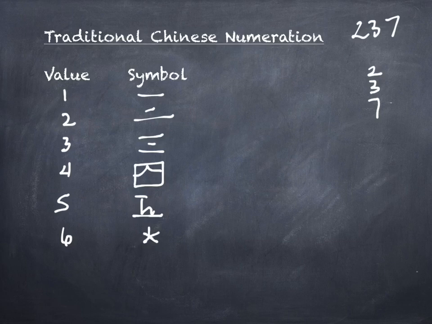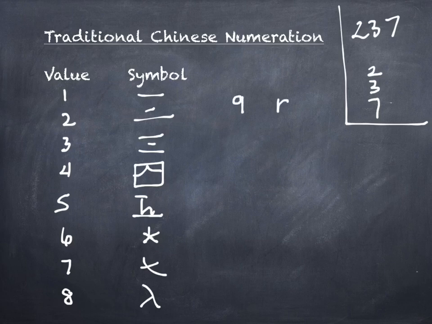Like a star a little bit. The number 7 looks like a slanted T, like he's laying down. The number 8 looks like the Greek letter lambda. We have a few more. The number 9 looks like an N.